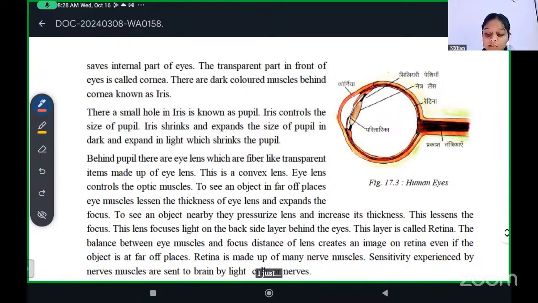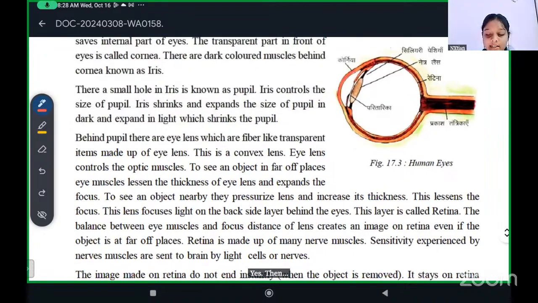Then the small hole in the iris is known as pupil. The iris controls the size of the pupil. We know that the pupil shrinks and expands, right? The iris expands the pupil in the dark and shrinks it in light.